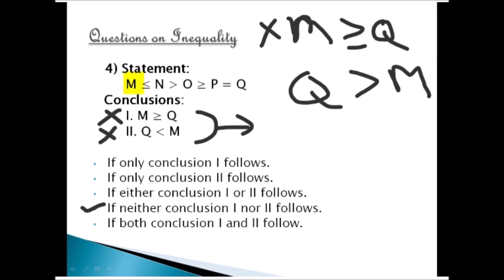Second, Q to M: I can move from Q to P, then further traveling is not possible. So I can say that the second conclusion is also false.